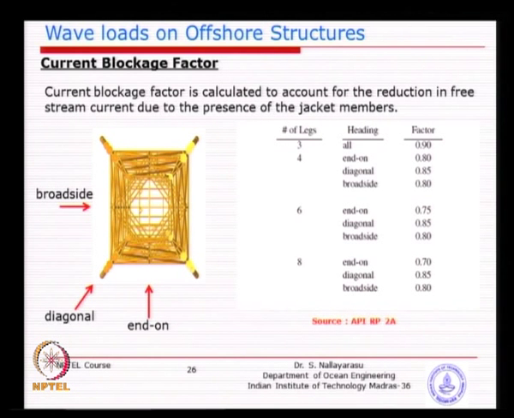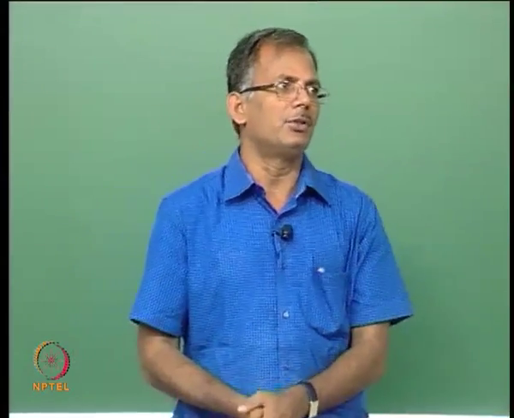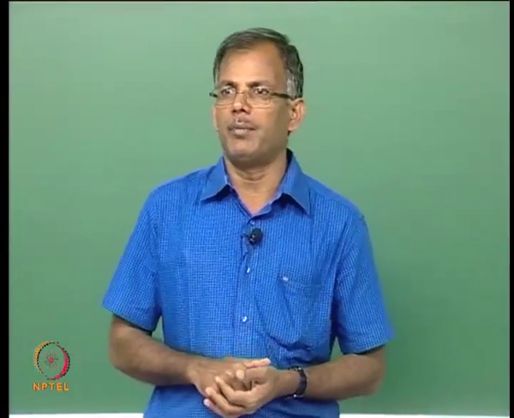You could see that broadside is given as 20% reduction, whereas the end on direction, the smaller dimension, is given as also similar, and only the diagonal direction has just a 15% reduction. So, once you calculate the wave force, you just multiply by 0.8 or 0.85 depending on the case.